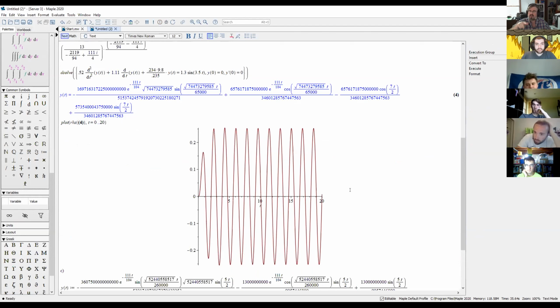In the long run, it still behaves like a wobble, wobble, wobble. But initially, you've got that natural response kind of dying out over time, and the forcing function is just winning in the long run. So much winning.